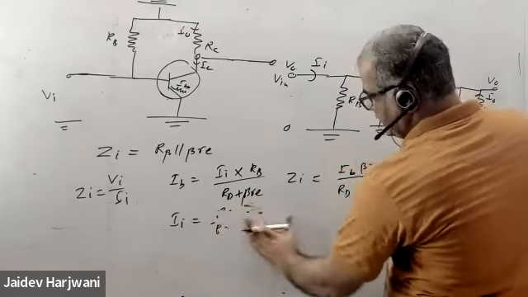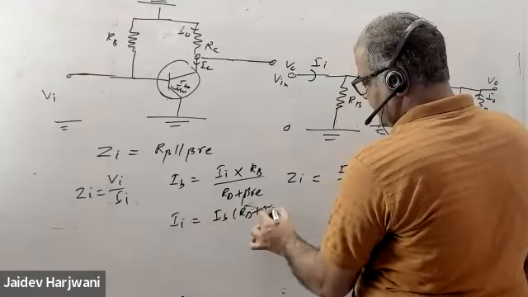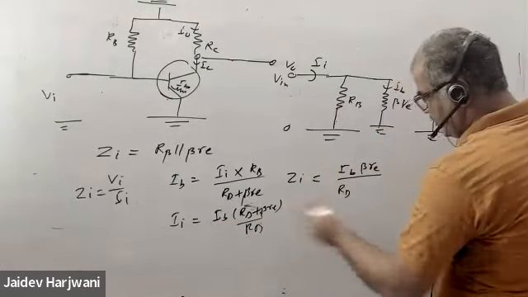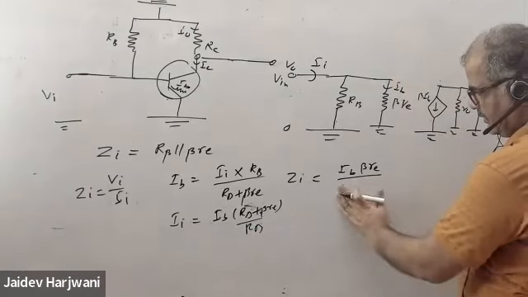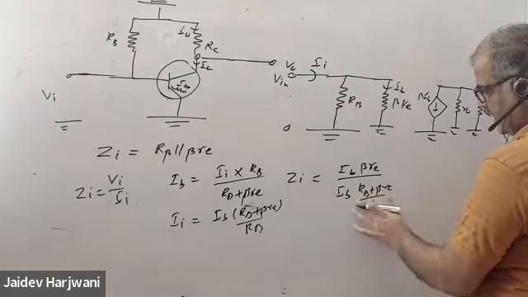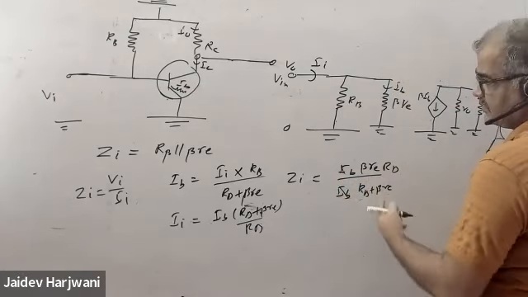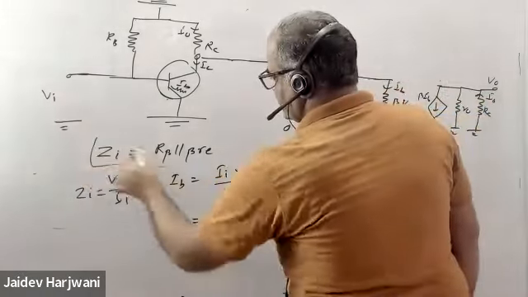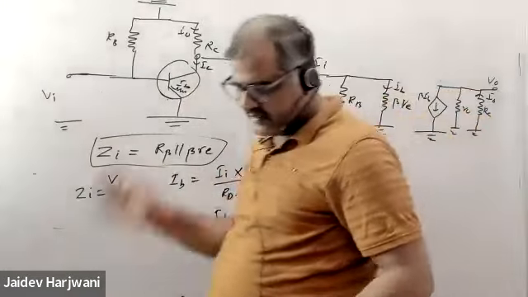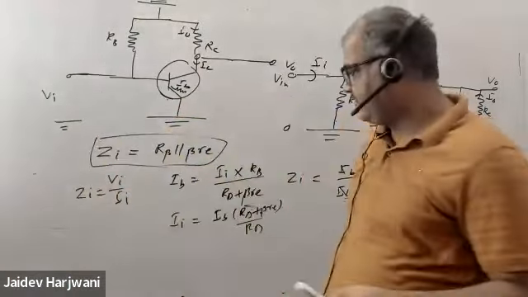So if I want ZI, II will be IB times RB plus beta RE upon RB. And this value you put here, IB times RB plus beta RE. So RB will go up, IB cancels. So this is just a parallel combination. This is what we calculated yesterday. This is the input impedance. This is very simple once you draw the equivalent circuit. Then all the things are very simple.